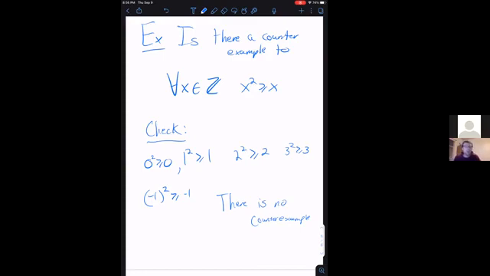So that's the universal quantifier. We now have the existential quantifier. So we could say there is a student in Math 160. Okay, so this is the informal way of saying this.